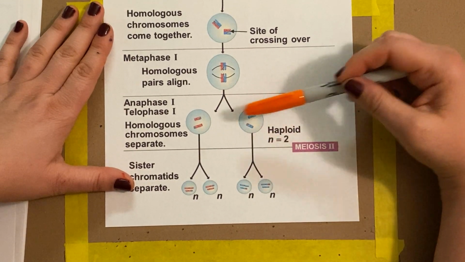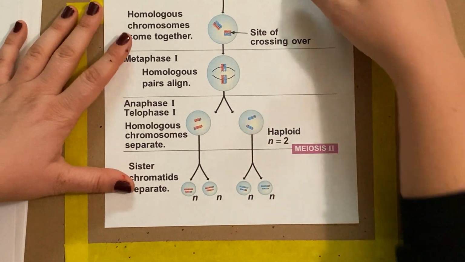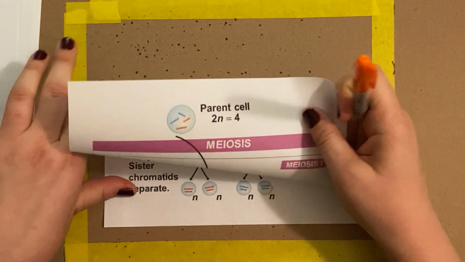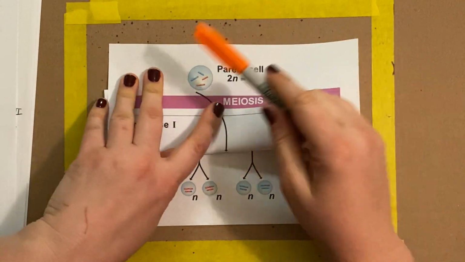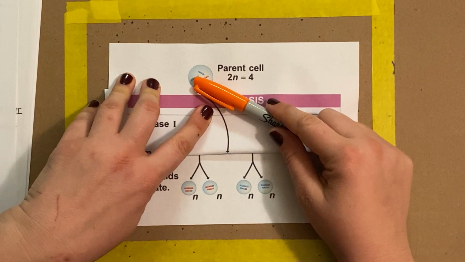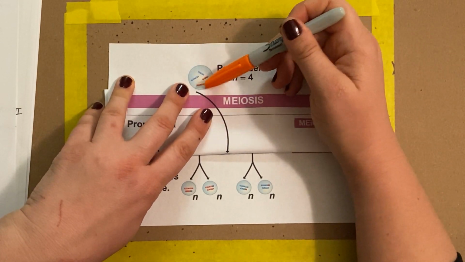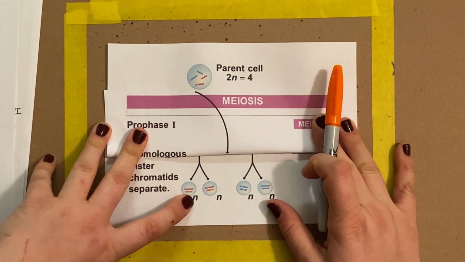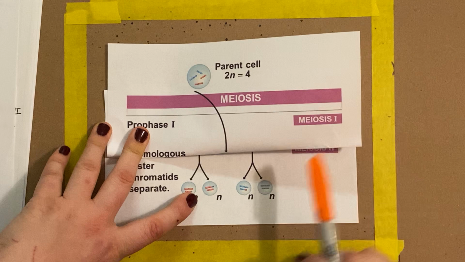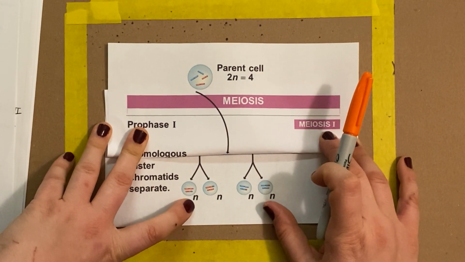Okay, and then these 2 are then ultimately going to divide again, and you end up with 4 non-identical cells. Okay, so if we look at the parent cell, it has 1 big blue, 1 little red, 1 big red. These have different combinations. So this one has a big red and a little red, but it's not even completely red. So these are haploid versions. These are going to be the gametes.